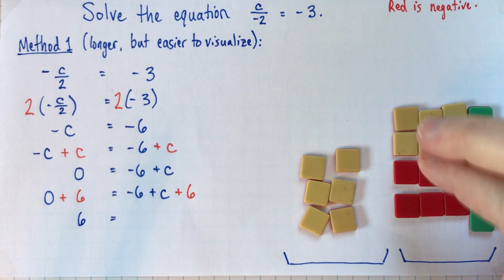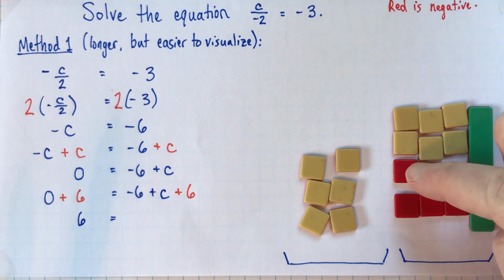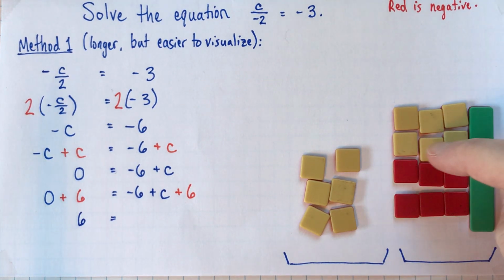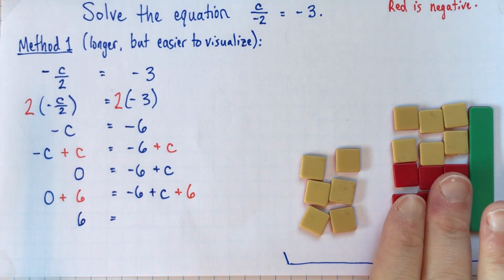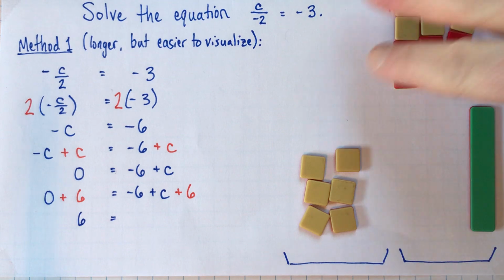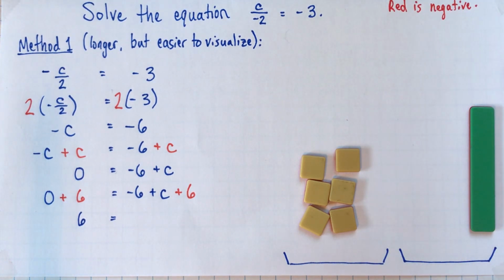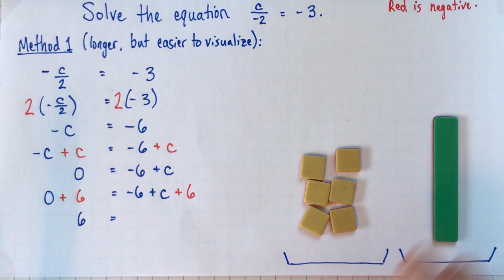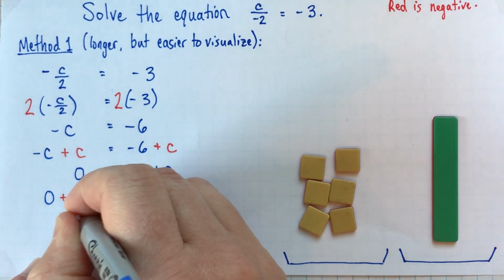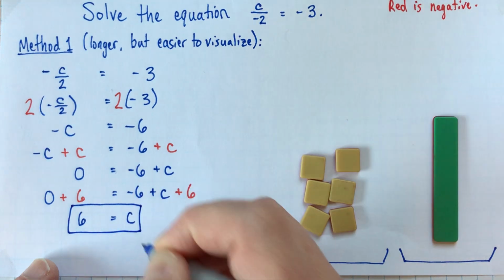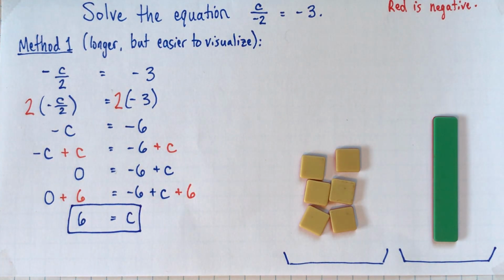On the right side, each of these, we can match each red up with a beige. It makes a 0 pair. So if you imagine doing that 6 times, all of this is worth 0. Negative 6 plus 6 is 0. So all we have left here is a c. So our solution is 6 equals c.